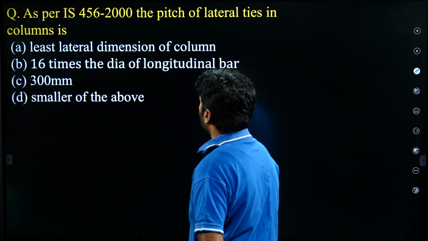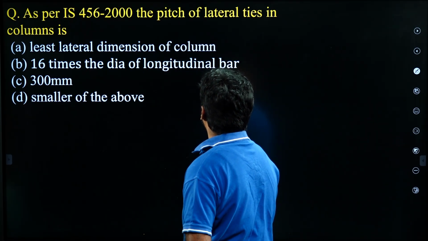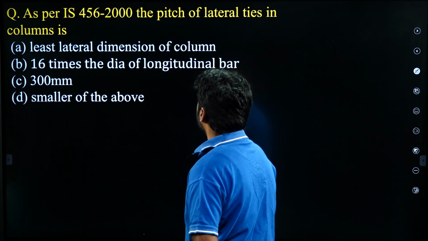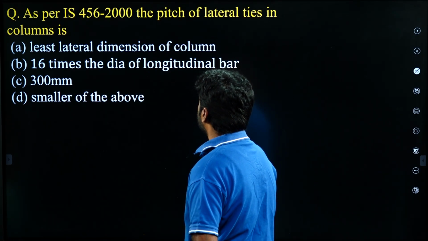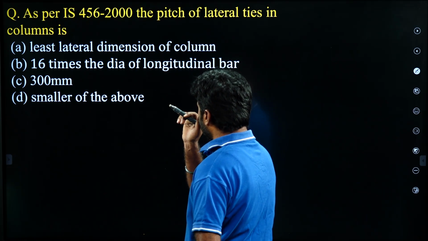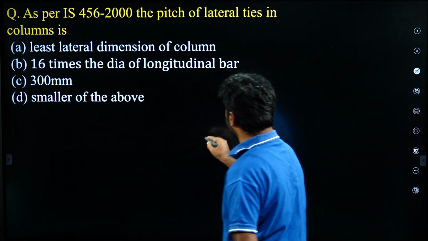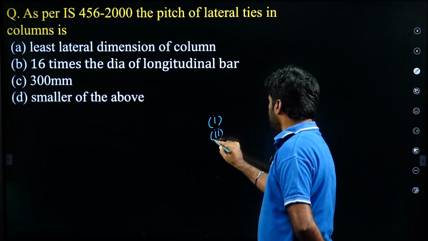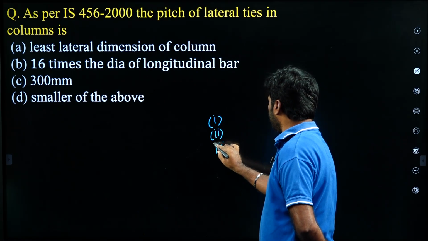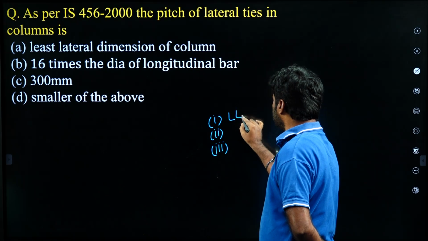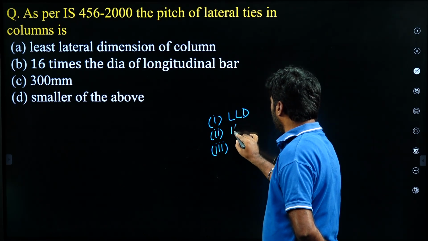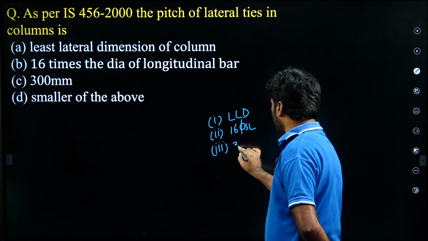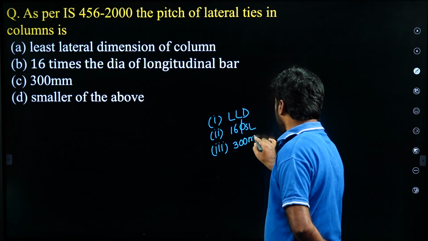As per IS 456/2000, the pitch of lateral ties in columns is: least lateral dimension of column, 16 times the diameter of longitudinal bar, 300 mm, smaller of the above. Yes, my dear, the pitch or spacing between lateral ties should be the least lateral dimension of column, or 16 times the diameter of the smallest longitudinal bar, or 300 mm.